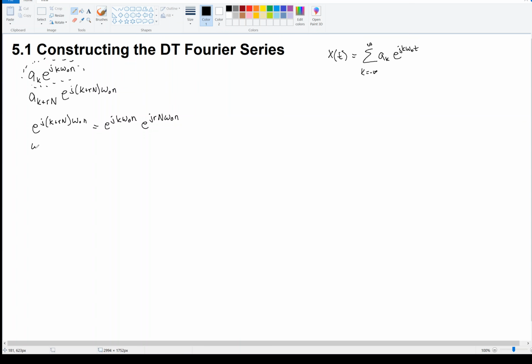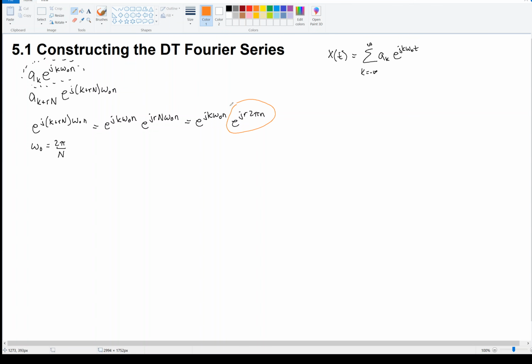Now, if you remember, in discrete time, the fundamental frequency is 2 pi over the period. So N times 2 pi over N is just 2 pi. So that term there is just e to the j times some integer times 2 pi times n.